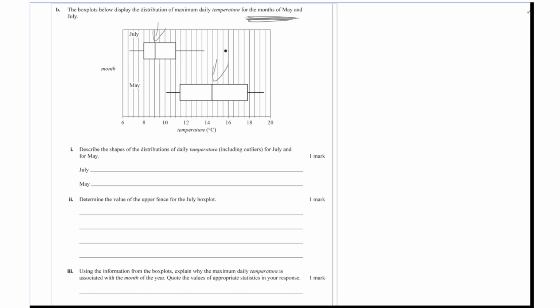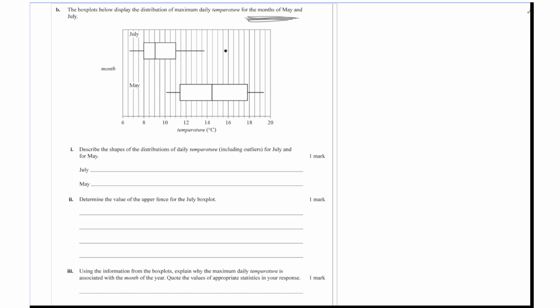It's saying that from the first day of July to the last day of July, this was the median temperature. The median temperature was about 9 degrees. For this one, the middle temperature was 14.5 degrees, if I read that right. So that's what you've got to look at.